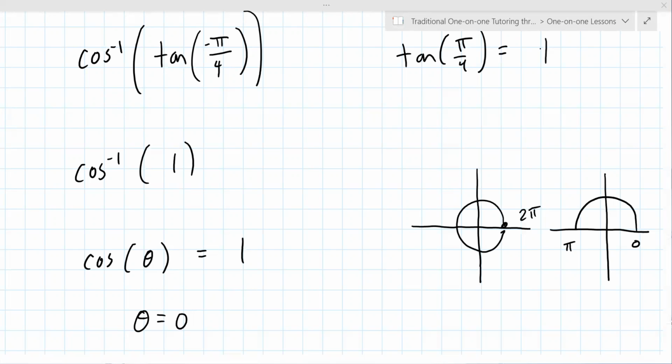All right, let's do another one here. Let's go cosine inverse of cosine of 7 pi over 6.